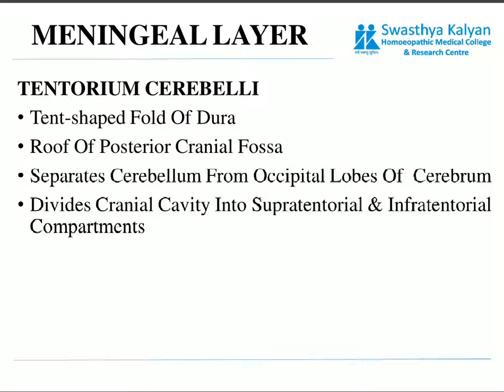Next folding of the dura mater is the tentorium cerebelli. As the name suggests, it is a tent-shaped fold, forms the roof of the posterior cranial fossa, and separates the cerebellum from the occipital lobes of the cerebrum. It divides the entire cranial cavity into an upper part, the supratentorial compartment, and a lower part, the infratentorial compartment.